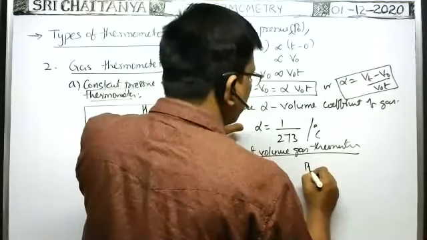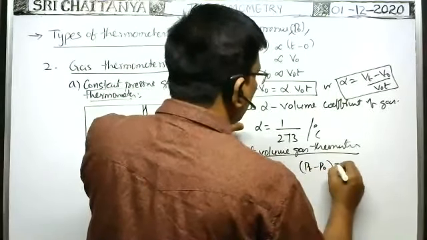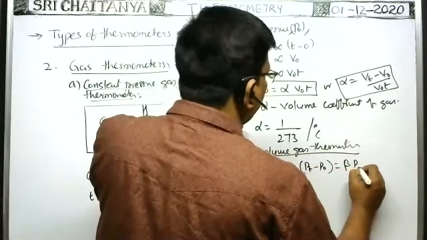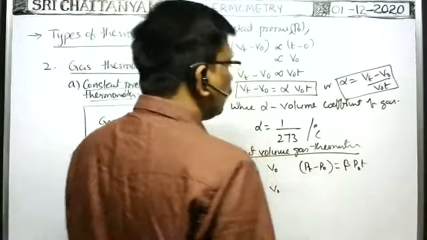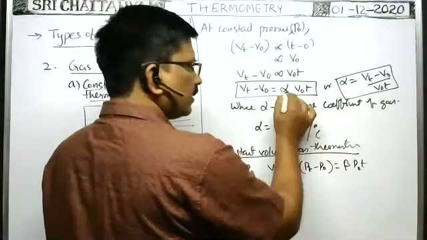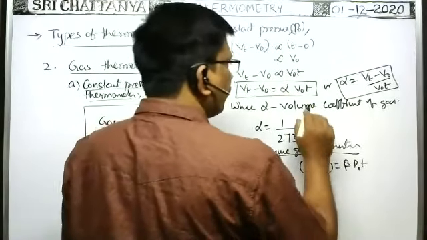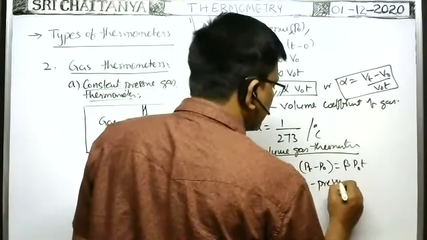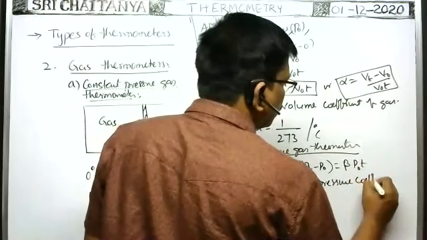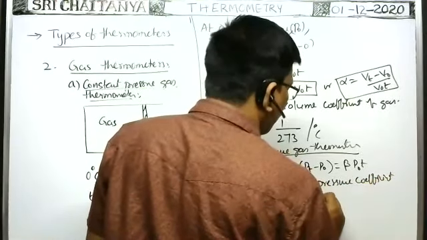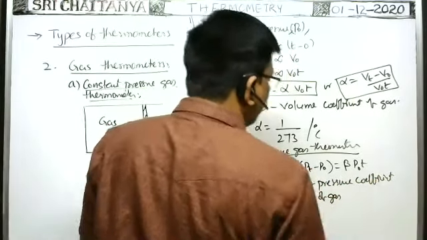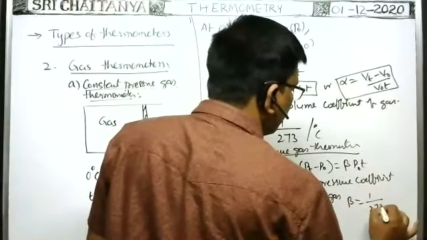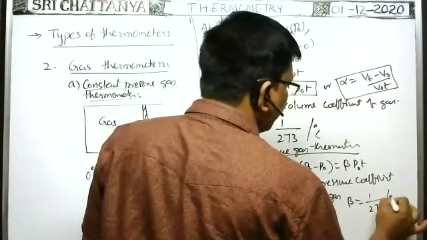Finally, the change in pressure Pt minus P0 is equal to beta into P0 into T, where beta is the proportionality constant, which is called pressure coefficient of the gas. This beta value is also equal to 1 by 273 per degree centigrade.